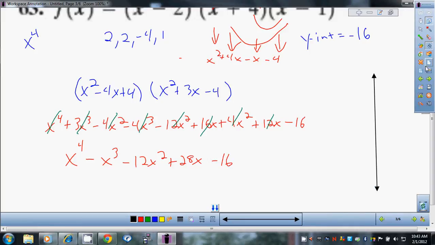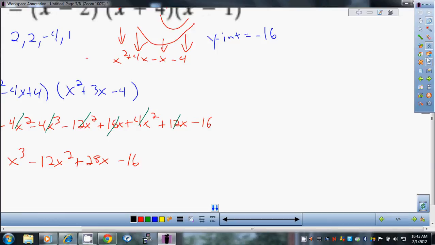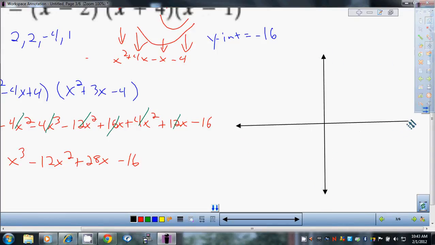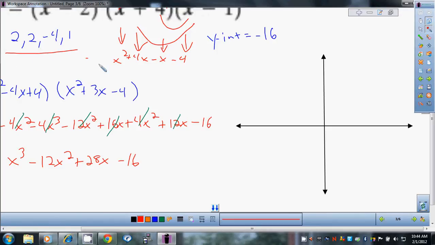No, that's not nearly enough space. All right. Actually, it's funny that Devin said let's do a hard one because in some ways these are the easier ones because they're pre-factored for you so you can pull your roots straight out. So what was the end behavior? Up, up.